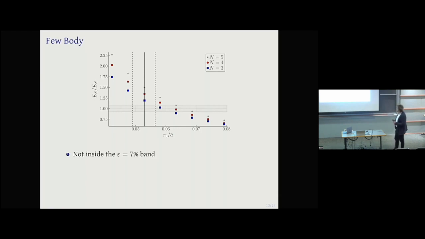And as you see, as R0 goes to 0, you have the Thomas collapse. And as Vera told us today, you need a three-body force in order to stabilize the system.